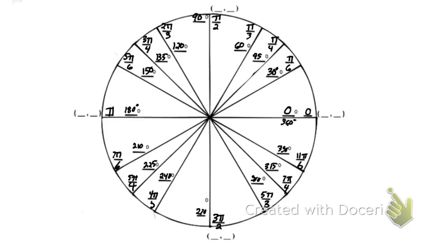So I'm going to do my key sine and cosine values first. This point right here is right 1, up 0. So that's going to be the point 1, 0. Straight up is going to be the point 0, 1. Straight left is negative 1, up 0, so it'd be negative 1, 0. And finally, straight down is going to be 0, negative 1.